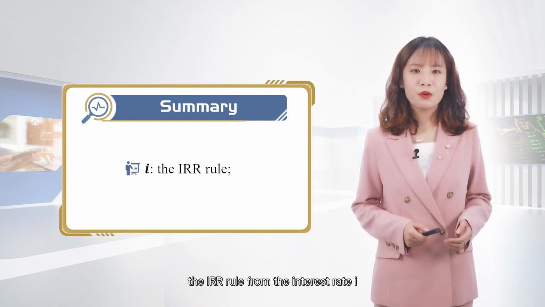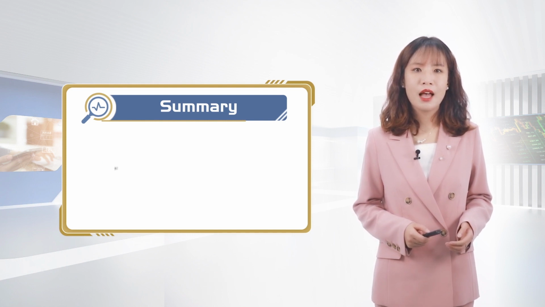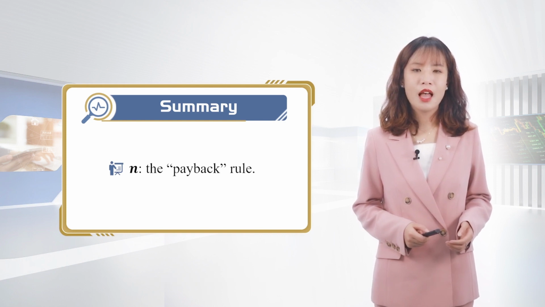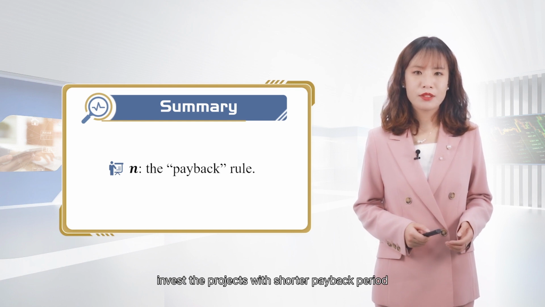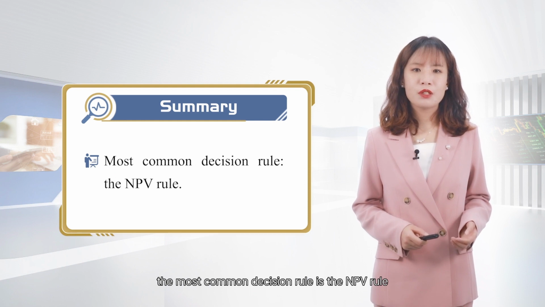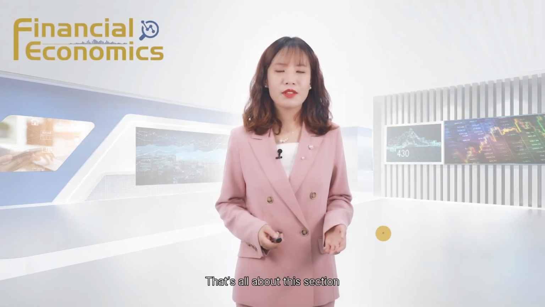The IRR rule from the interest rate I: invest in projects with greater I. And the payback rule from the number of years N: invest in the projects with shorter payback period. However, the most common decision rule is the NPV rule, which is widely used and universally applicable. That's all about this section.